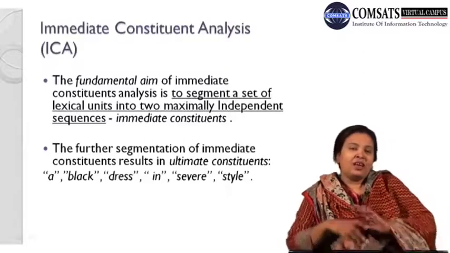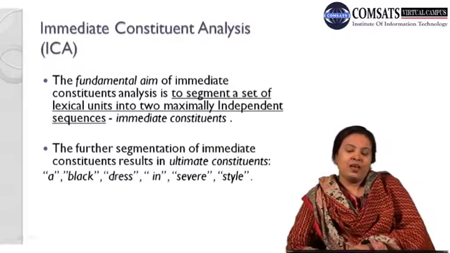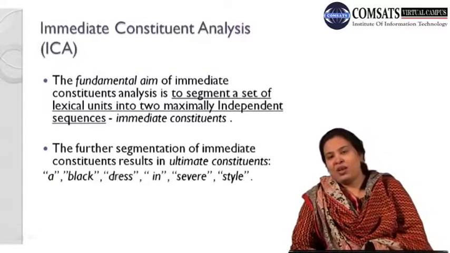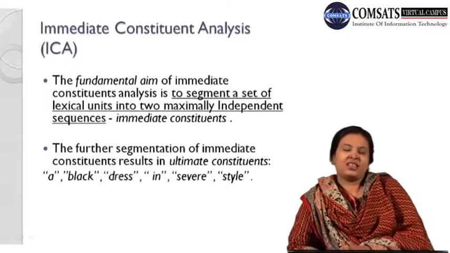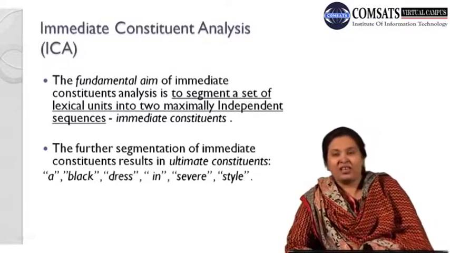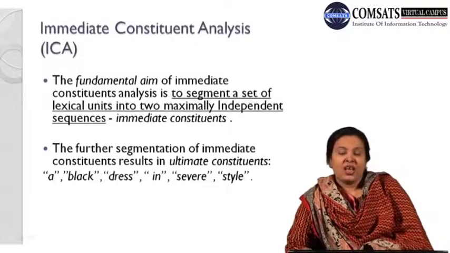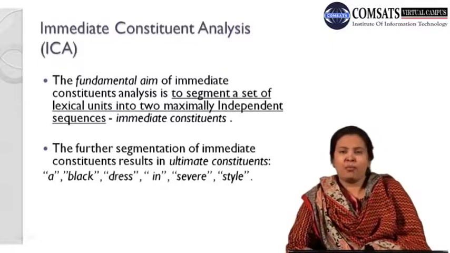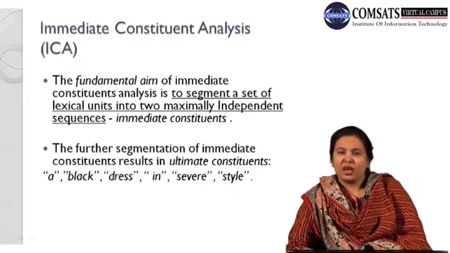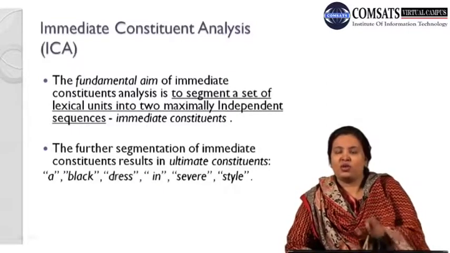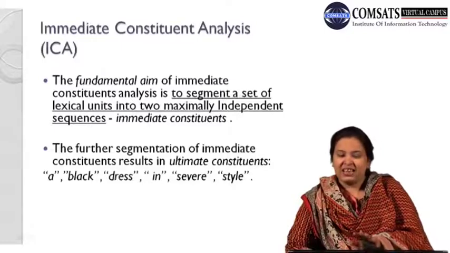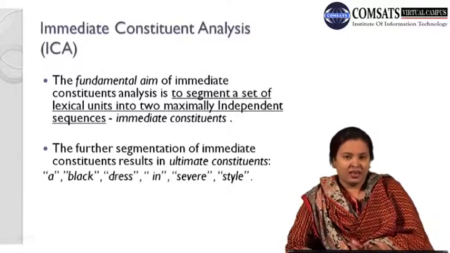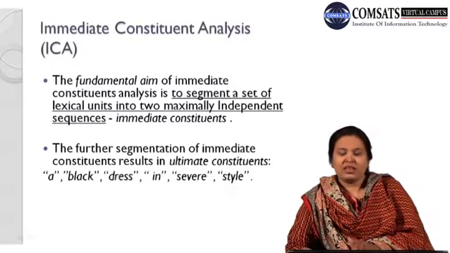Now, if I give you an example, we have a phrase: a black dress in Swiss style. If I ask you what the components in this phrase are, how are you going to identify the constituent elements of this phrase? A, black, dress, in, Swiss, style.